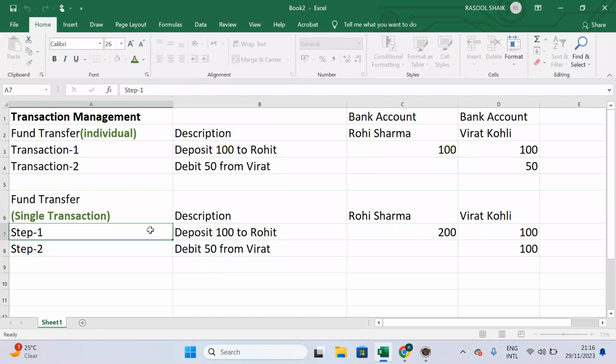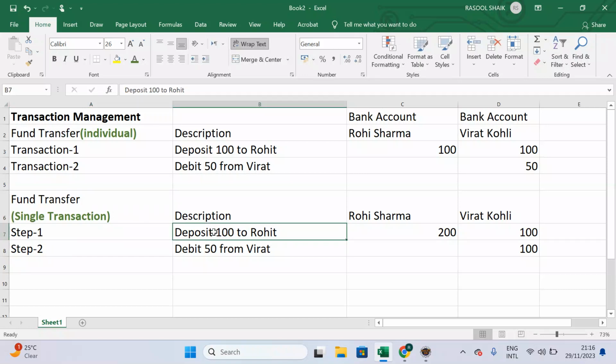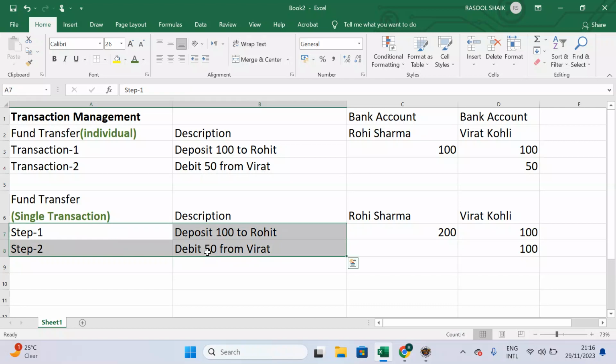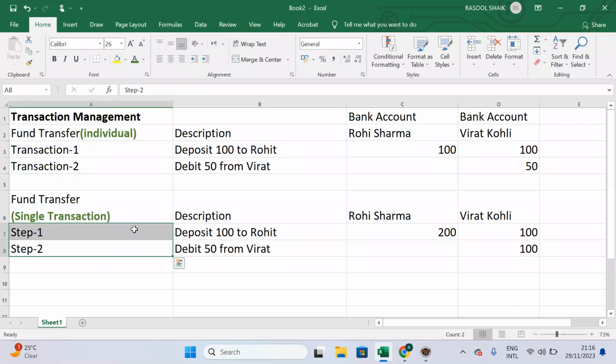If step 1 is success and step 2 is fail, or step 1 fails and step 2 succeeds, that transaction will be invalid. To overcome that problem, we have the @Transactional annotation to maintain consistency of the transaction, so both should succeed or both should fail.